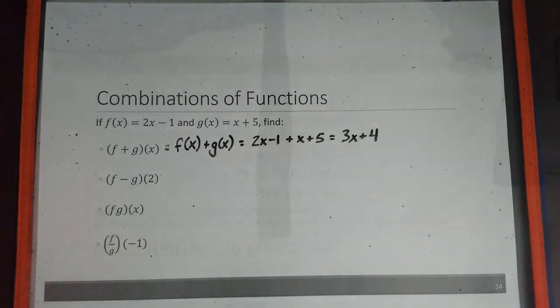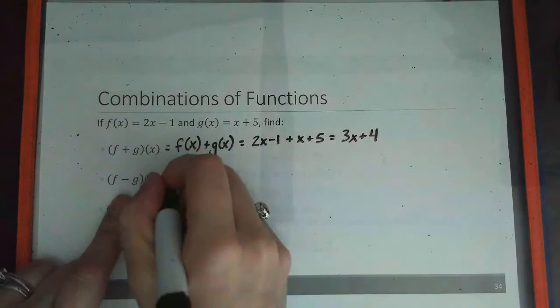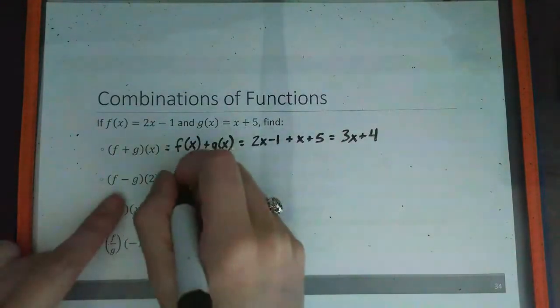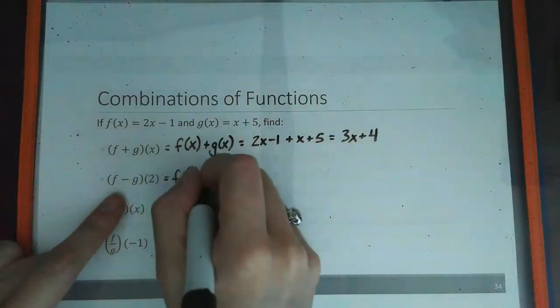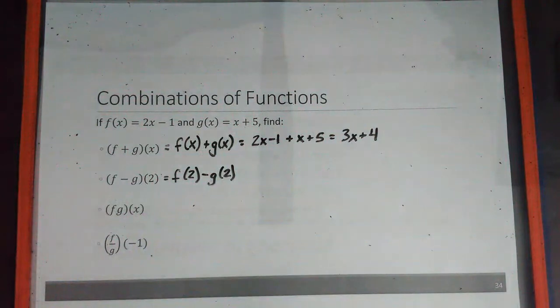And you may not see anything special yet, but just hold on. Next up, we're looking at f minus g of 2. Well, according to that last slide, that's going to be the same as f of 2 minus g of 2. So if I plug in 2 to the f function, and I plug in 2 to the g function, see what I get out, and then subtract them, I should get the right value here.